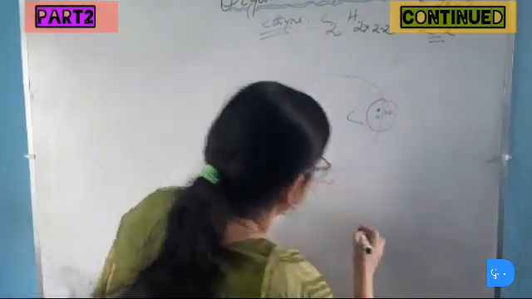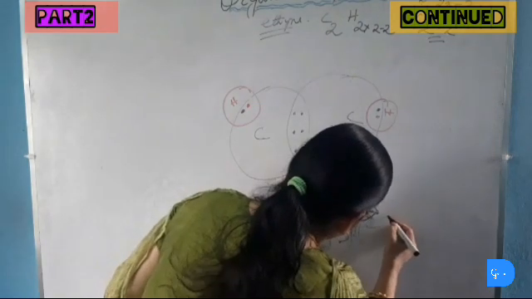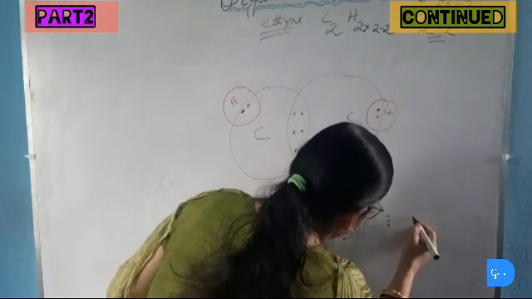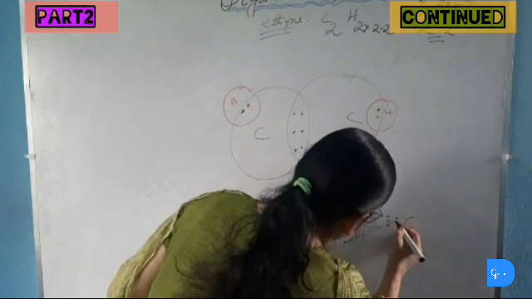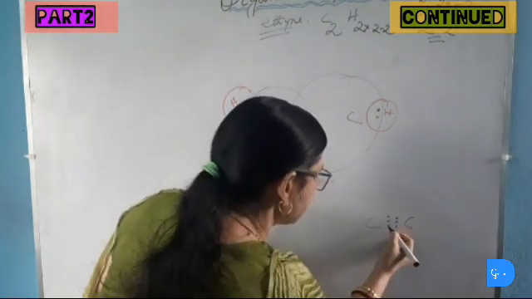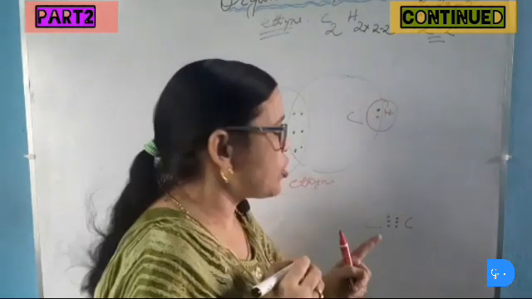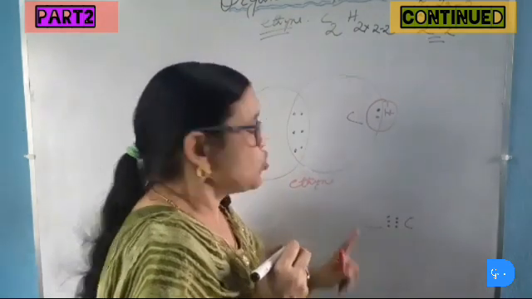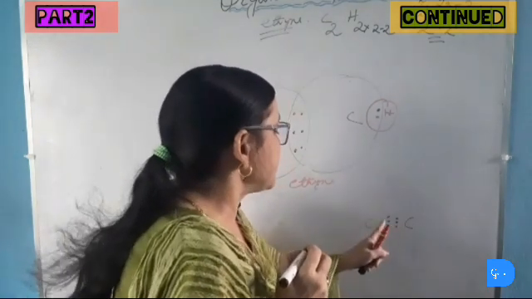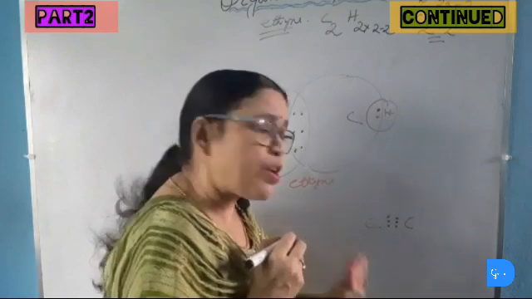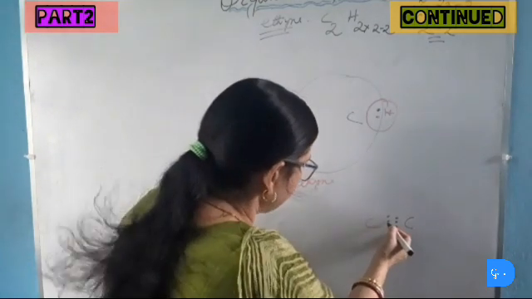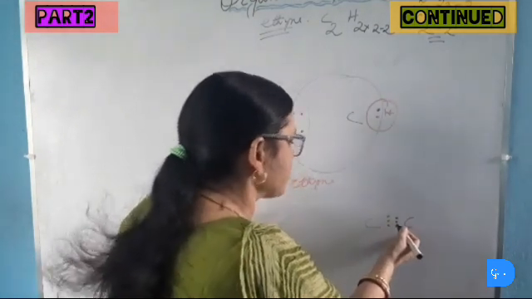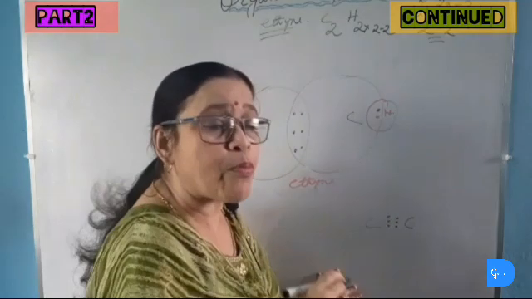In ethyne this carbon shares 3 electrons and this carbon also shares 3 electrons. So there is a carbon-carbon triple bond. For forming 1 bond there must be 2 electrons. So for forming 3 bonds there must be 6 electrons or 3 pairs of electrons. This carbon gives 3 electrons and this carbon gives 3 electrons and forms the carbon-carbon triple bond in alkyne.